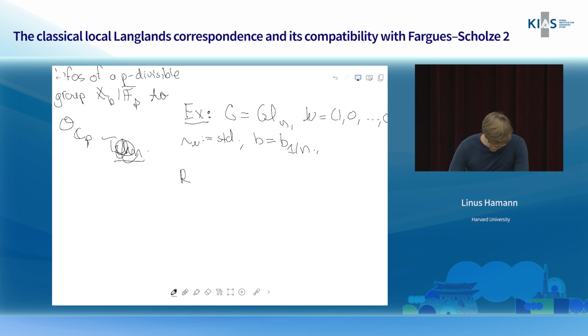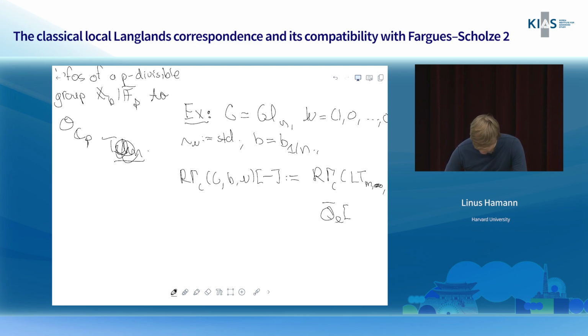So this cohomology identifies with the cohomology of some explicit space, which I'll call LTM, with coefficients in QL bar together with some shift and Tate twist.